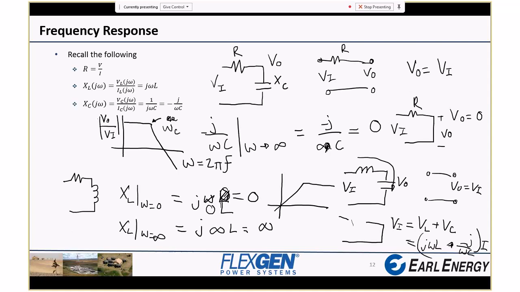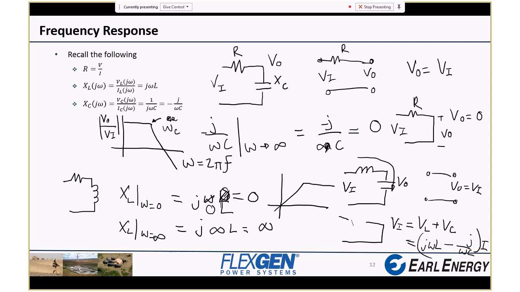Let me erase so that it's a little easier to see. This is kind of what I'm getting at here: this j omega L minus j over omega C is the effective resistance of this circuit at a particular frequency.